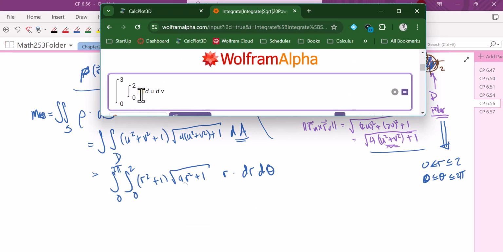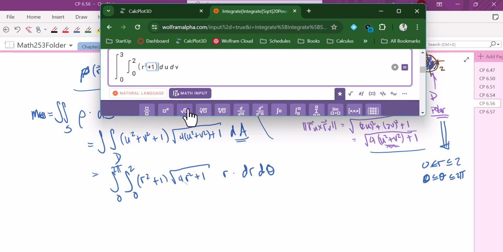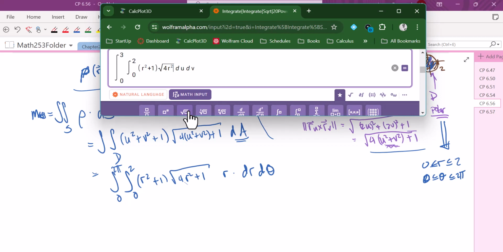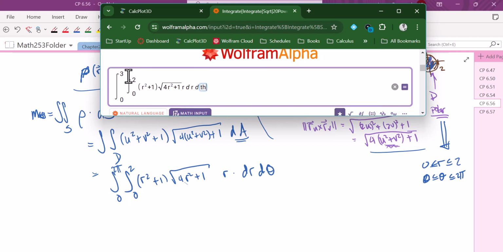And let's see, inside here we're going to get r squared plus 1, and we will multiply this with the square root of 4r squared plus 1, and then we have an extra r out there, integrating with respect to r from 0 to 2, and then integrating with respect to theta from 0 to 2 pi.